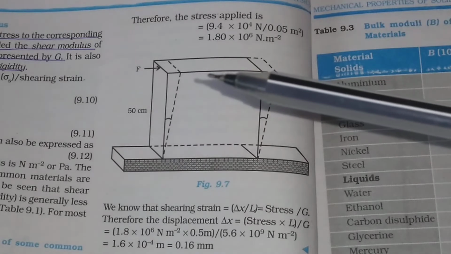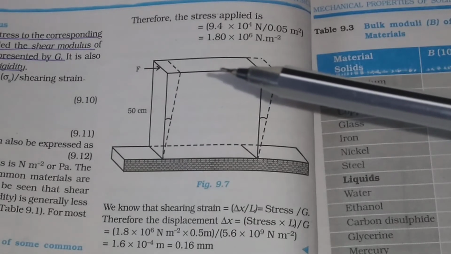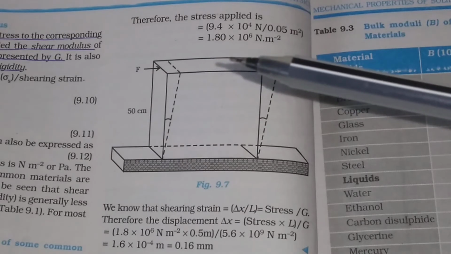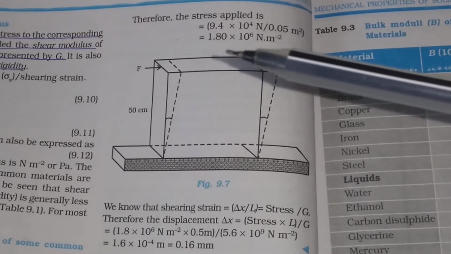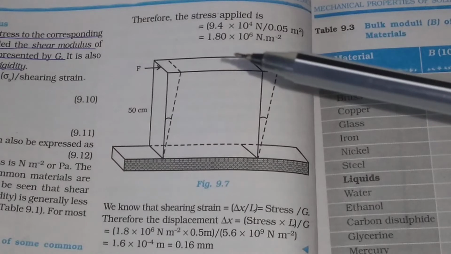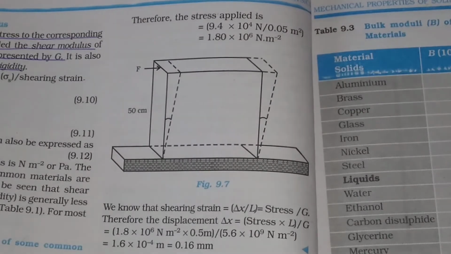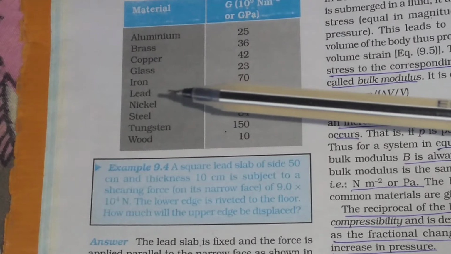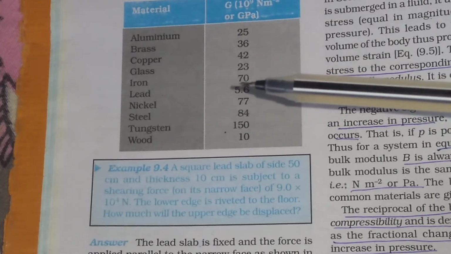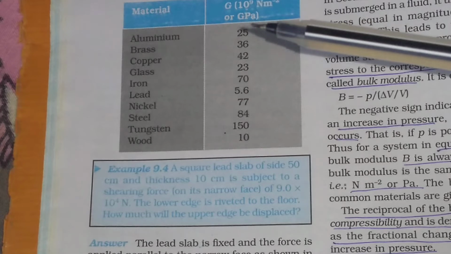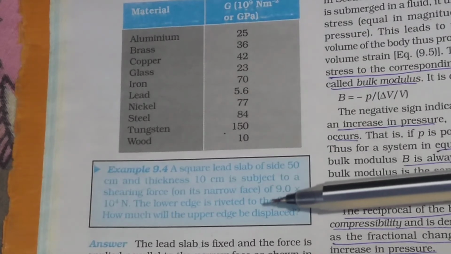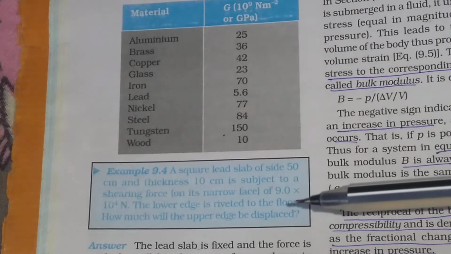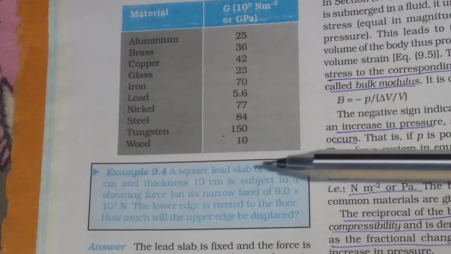And it is given that lead has a shear modulus of 5.6 into 10 to the power 9 Newton per meter square, that is 5.6 gigapascal. From this table you can see that lead has shear modulus of 5.6 gigapascal, and you have to find out the displacement of the upper edge of the lead slab.